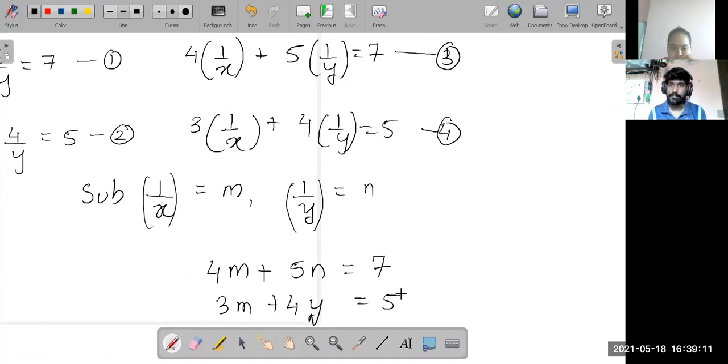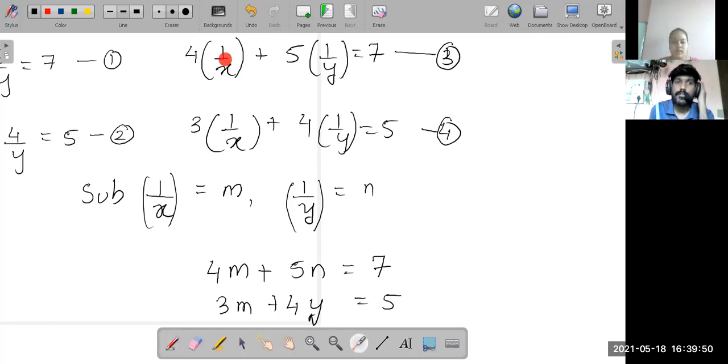Is this clear up to here what we did? Yes or no? No? I didn't understand where 1 upon x went. If you had taken 1 upon x as m, then what happens to it? I did not understand where you substituted 1 upon x and 1 upon y.